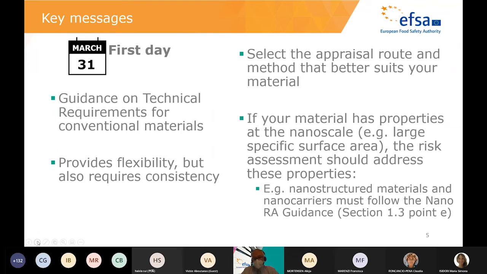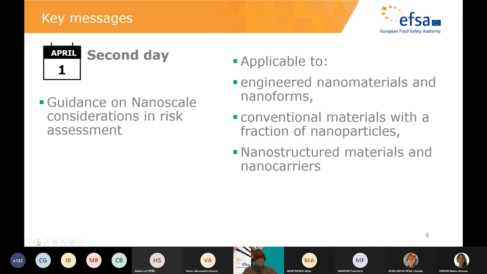Move directly to the guidance for risk assessment, because you need to do a risk assessment considering that your material has these properties at the nanoscale. And this second guidance, the one that we are going to present today, is nanoscale considerations for the risk assessment. Obviously, the guidance is applicable to engineered nanomaterials, so those that meet the definition in the Novel Food Regulation.